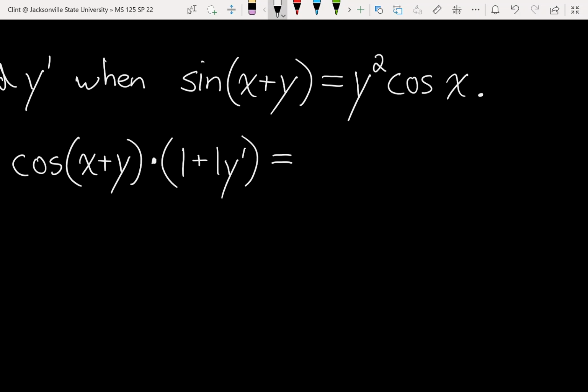On the right side, we got product rule, so the order I do it in, I'm going to take the derivative of y squared, so that'll be 2y times dy dx, or y prime, times the second function, plus first function times the derivative of the second function, so the derivative of cosine x, negative sine x.